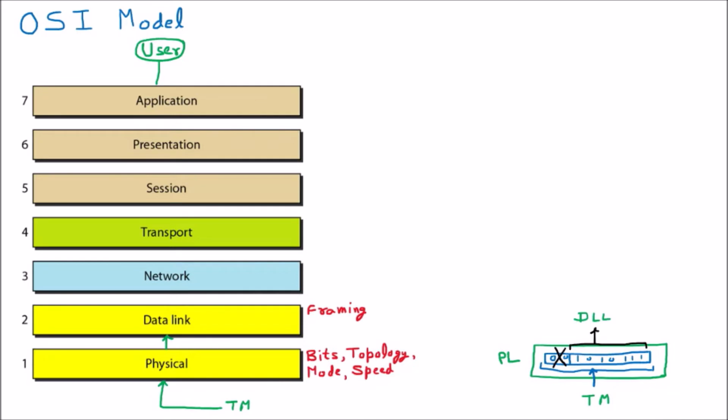There we are also having flow control, error control. So these are the functionalities of the data link layer. And one more thing which is very important is hop to hop delivery. I will discuss this with the help of one diagram, but first of all I am explaining the diagram of the data link layer.